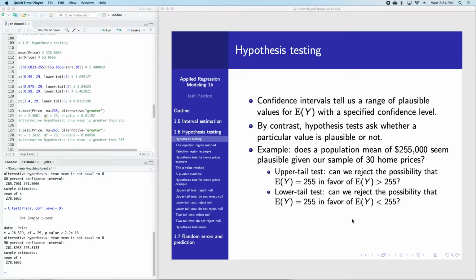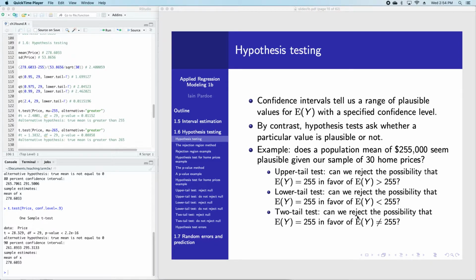Similarly, a lower tail test would ask the question, can we reject the possibility that the population mean is 255 in favor of the population mean being less than 255? So lower tail test, and we've got a less than symbol.